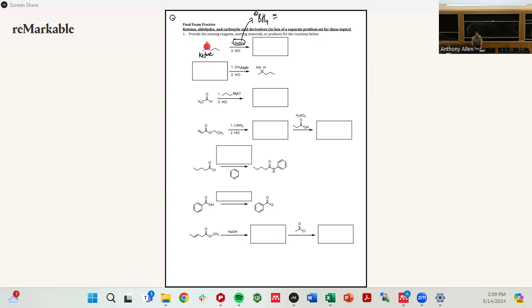To become an alcohol, what needs to happen? That carbonyl needs to break. And what do you need to gain then? A hydrogen. So BH4 minus is a source, essentially, of hydrogen with a lone pair, or H minus.